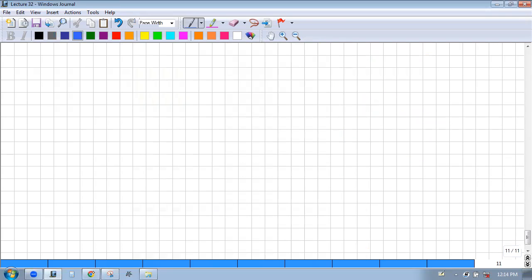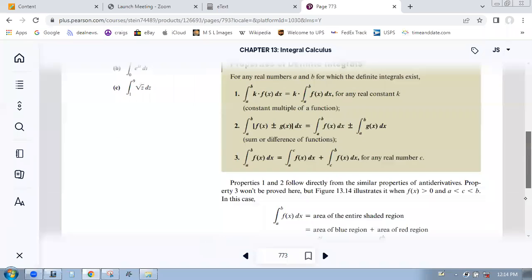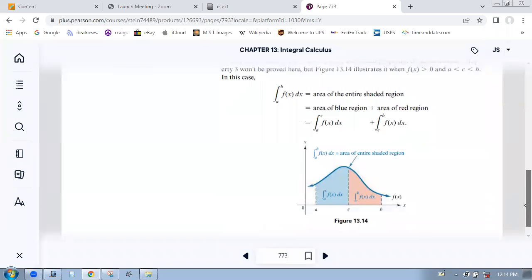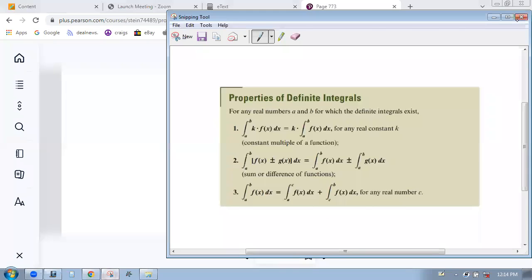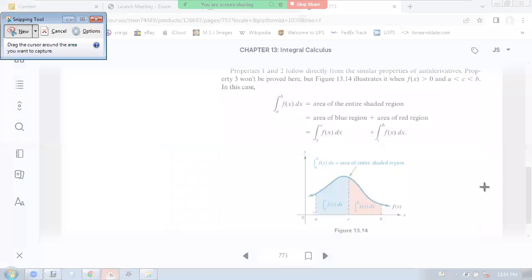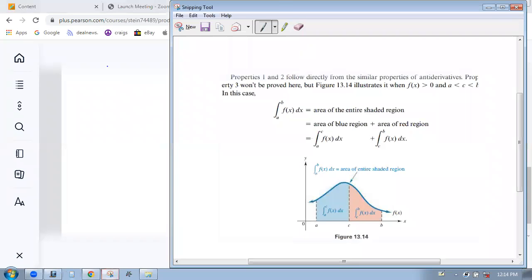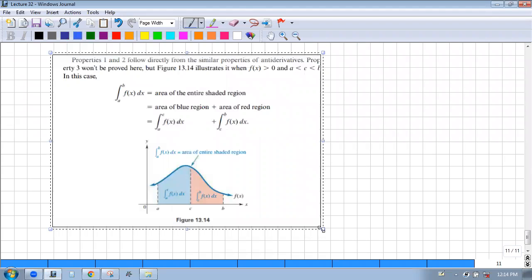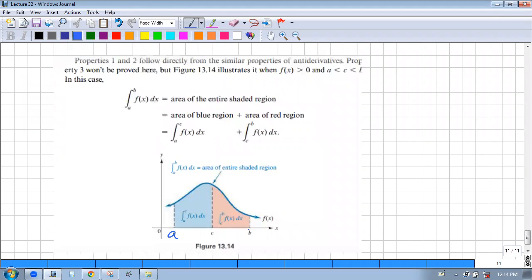Okay, so we'll do some examples of that in a second. Oh yeah, here's a better picture of what I just said. All right, here's A, B, C. Right, so the integral from here to here is the same as the integral from here and here added together.